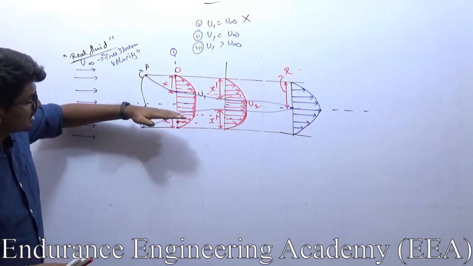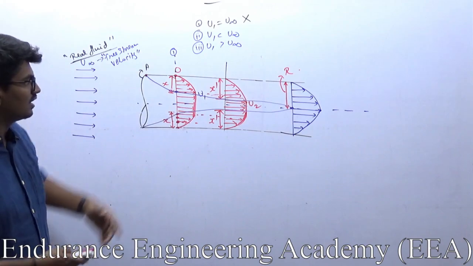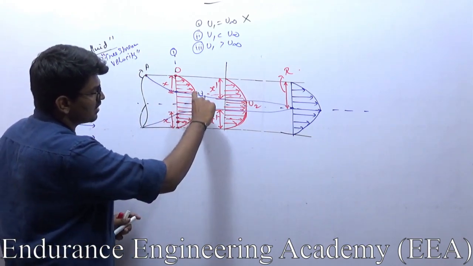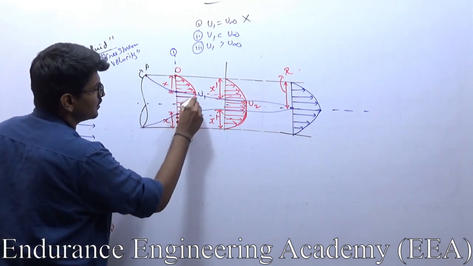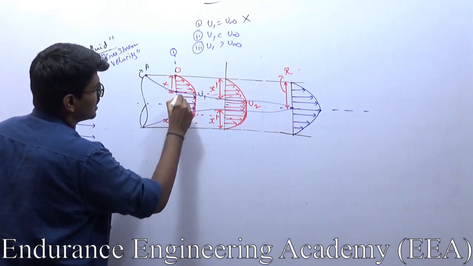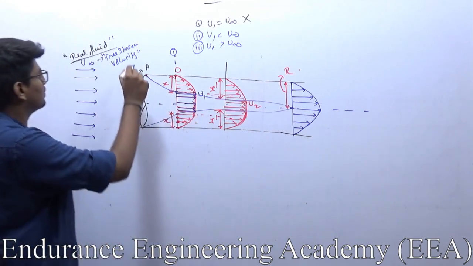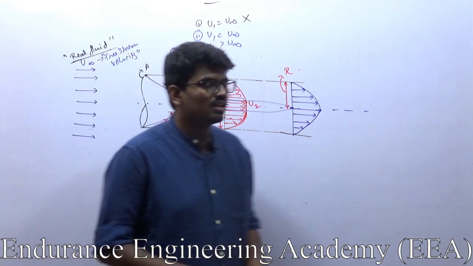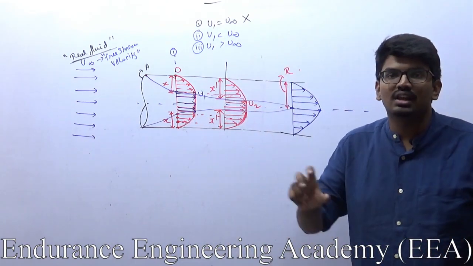Now if you see above this line I just drew, right? Above this line the velocities are constant. So here the velocity is u1. Similarly here the velocities are u2, which means this fluid is behaving like an ideal fluid, even though it is a real fluid, but the flow which is happening is something like an ideal fluid flow.